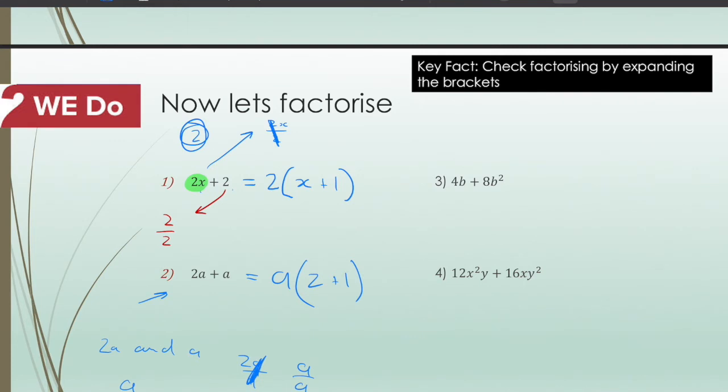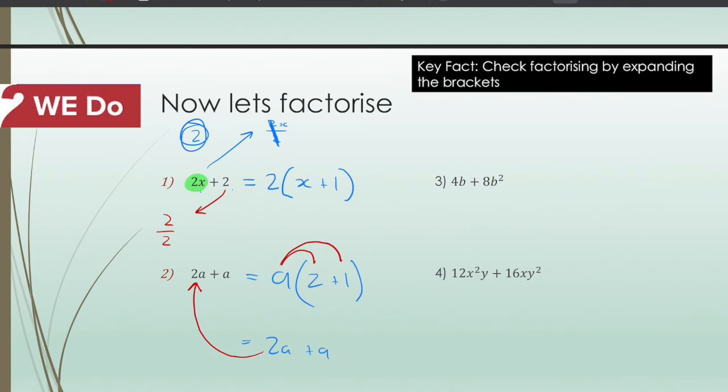And what we can do to make sure that we've done our factorization correctly is that we can check it with ski jumps. If we do our ski jumps, a times 2 is 2a, a times 1 is a. We want to end back up at what we started with.